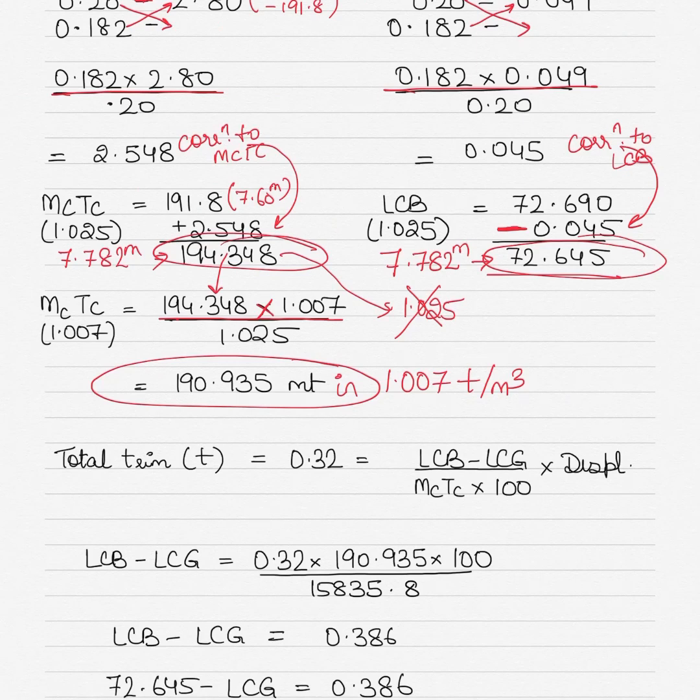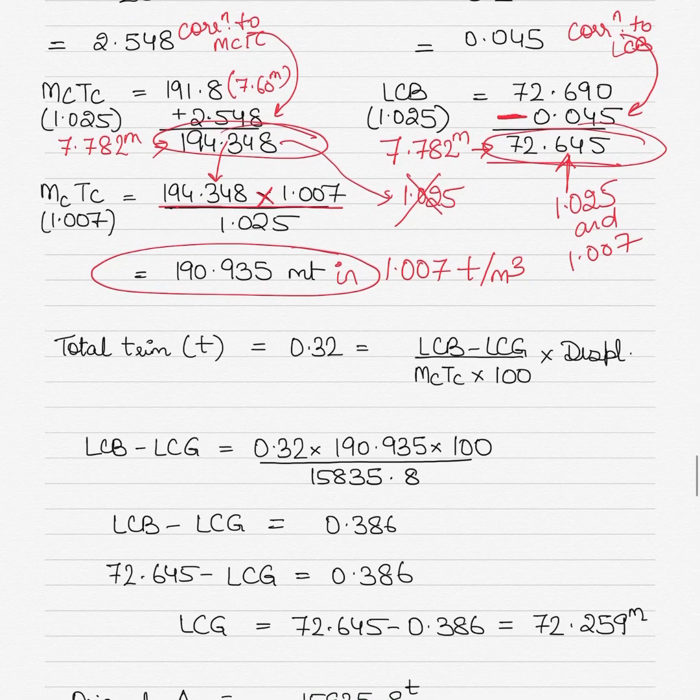However, for values of LCB, LCG, and LCF, all the values which are only in meters, you don't have to do any calculation or any interpolation or conversion. So this value will hold true for both 1.025 and 1.007. Remember that all the values which are only in meters will be good for both densities.